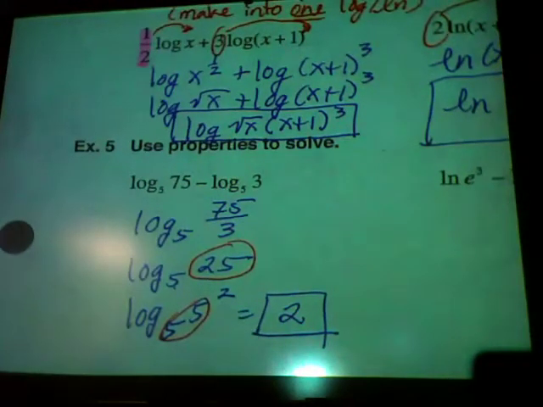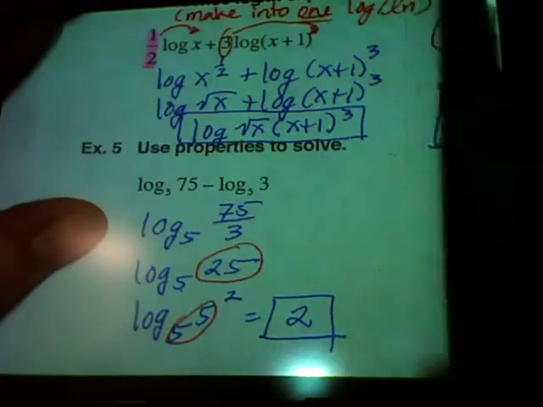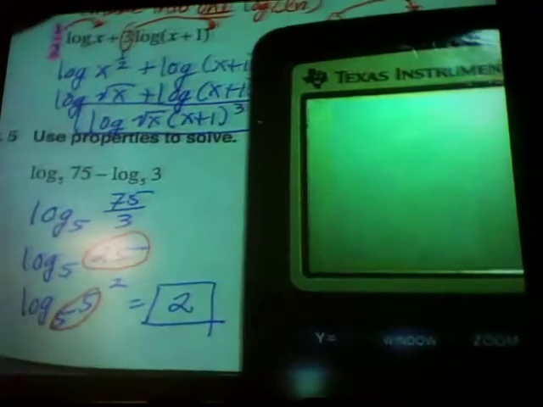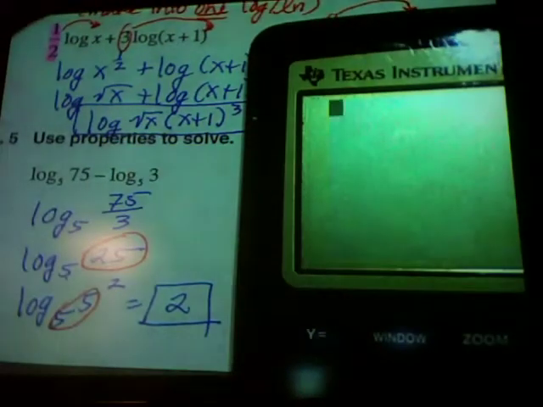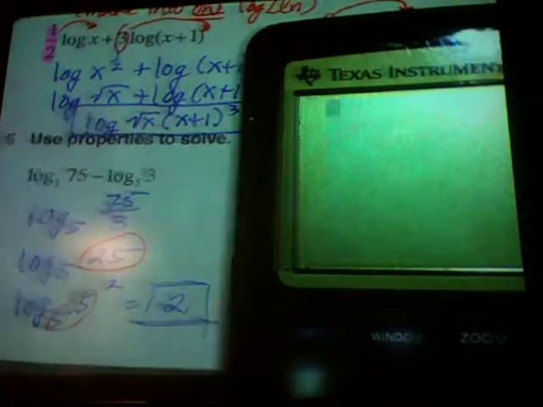And if you took your handy dandy calculator, can I borrow somebody's? Thank you very much. Let's just plug this into our calculator. So I'll put this over to the side. If I have to do a change of base formula, don't I? So let's just do it.